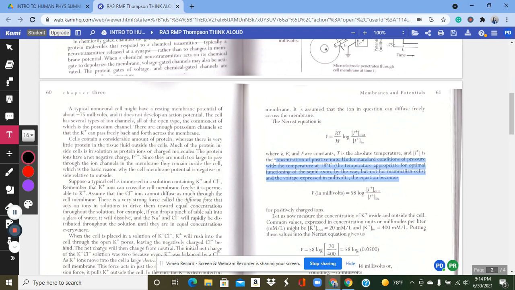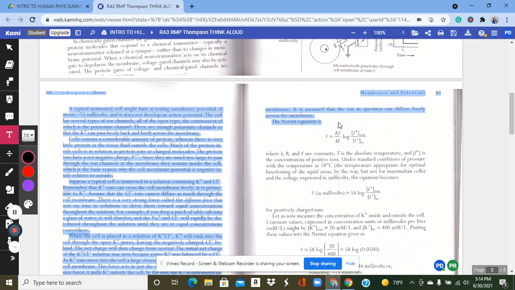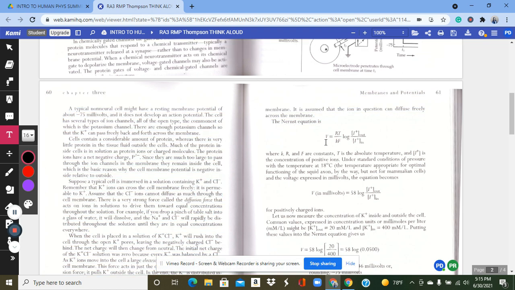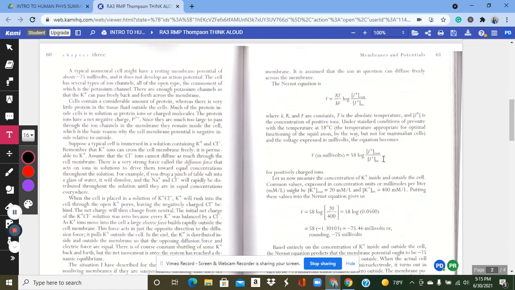So R is the universal gas constant, F is Faraday's constant, and K, I think, is the valence of the ionic species. I don't know. T is the absolute temperature, and the terms are the concentration of positive ions.